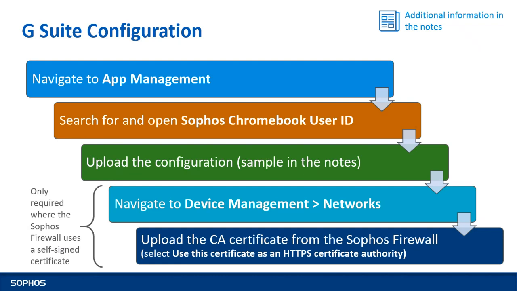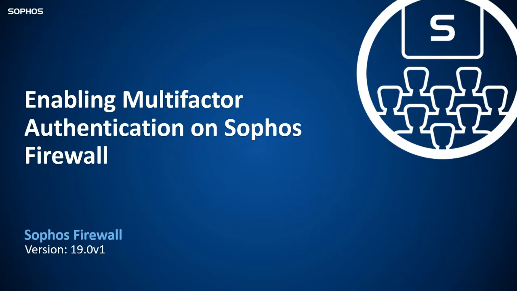If the Sophos Firewall is using a self-signed certificate, you also need to upload the CA certificate. In device management, then in networks, select the option use the certificate as an HTTPS certificate authority.